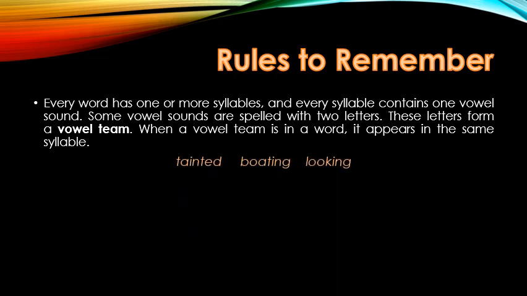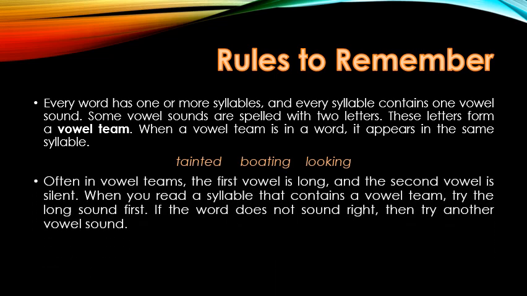For example, tainted, boating, looking. Tain, ai, they make the sound a. Boating, oa, they make one sound. Looking, oo, they work together. Often in vowel teams, the first vowel is long and the second vowel is silent.